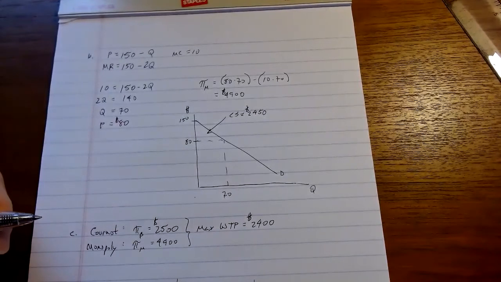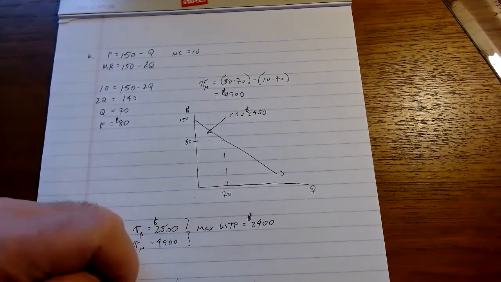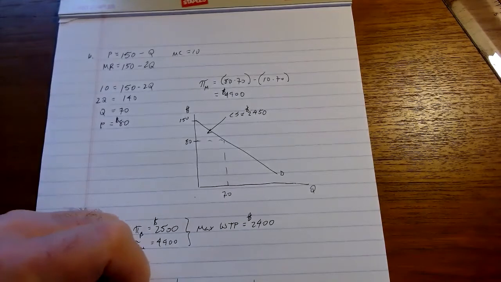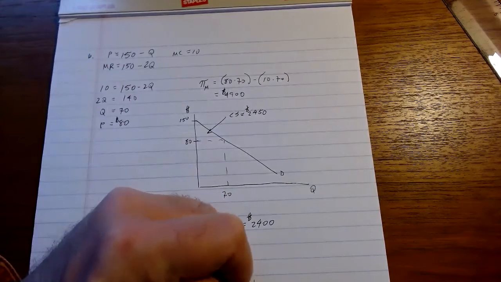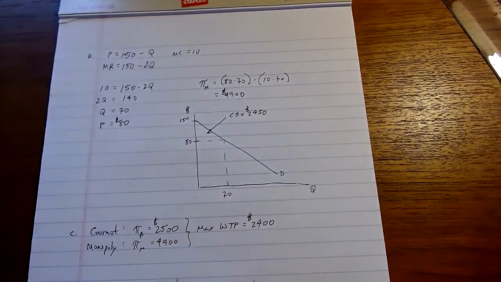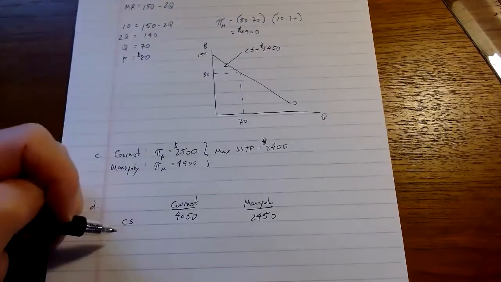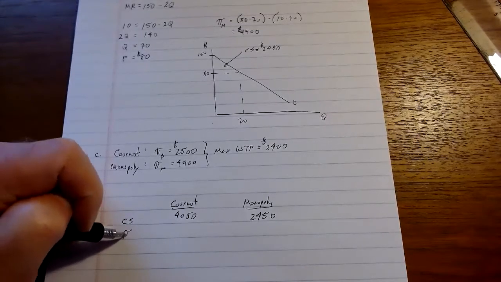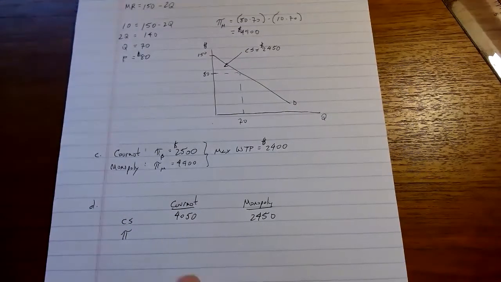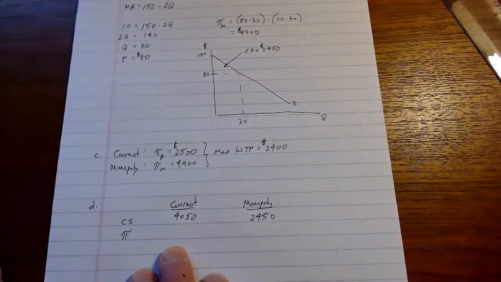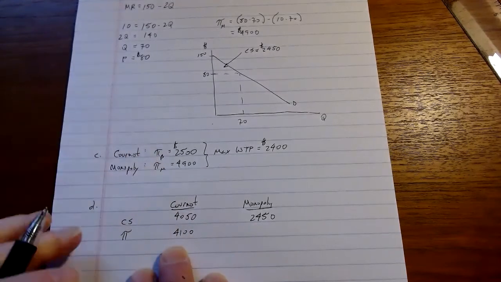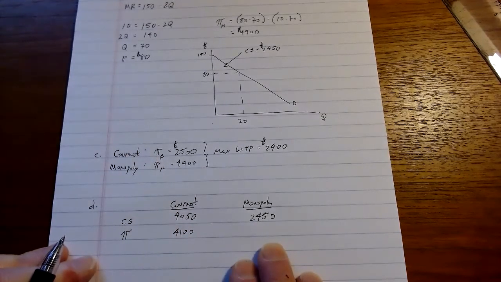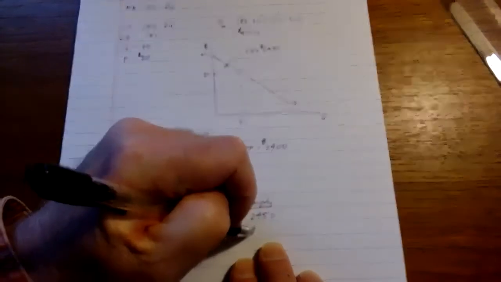And so consumer surplus under Cournot was 4,050, and under monopoly, it's 2,450. So clearly consumer surplus is much lower. What about profitability? Under Cournot, the two firms together earned a profit of $4,100. And under monopoly, the profit is $4,900.